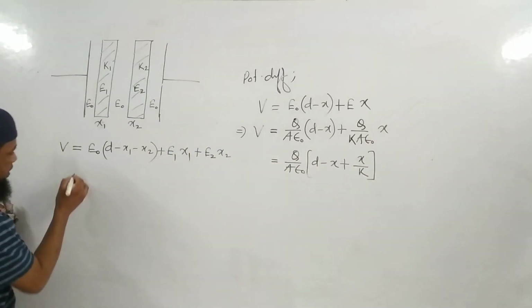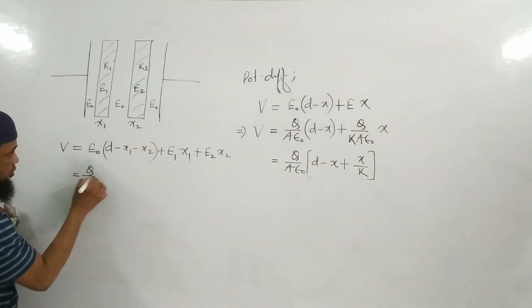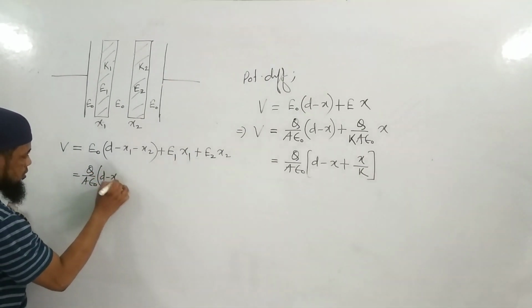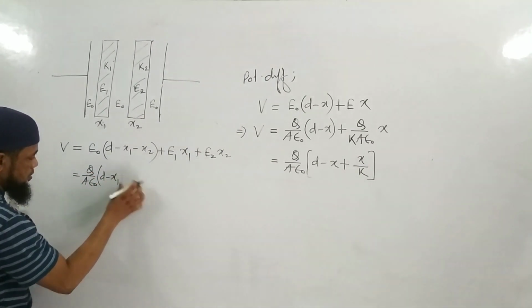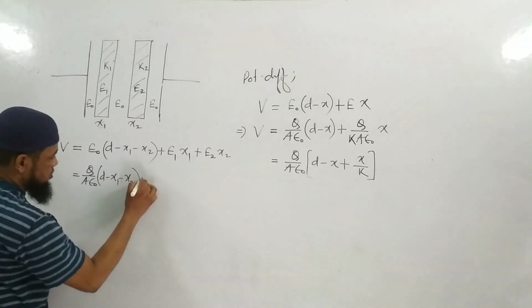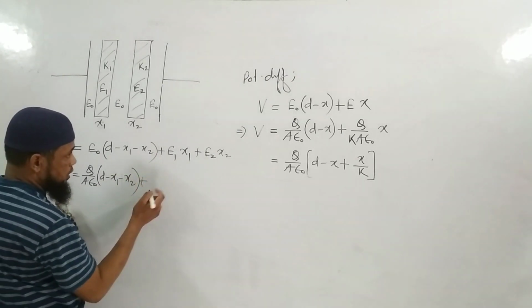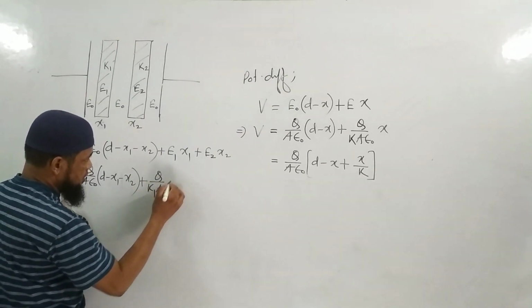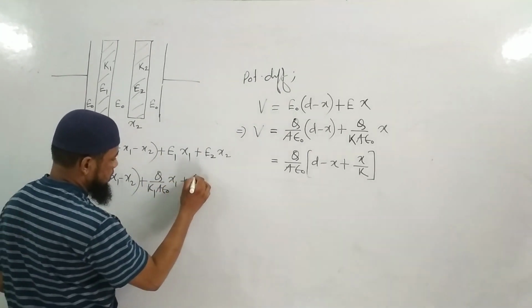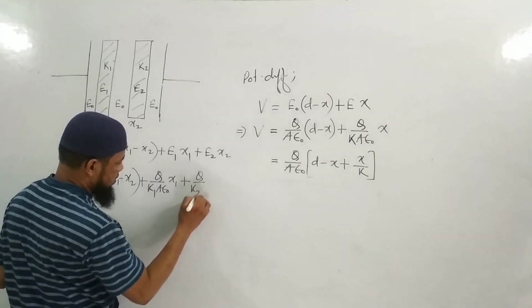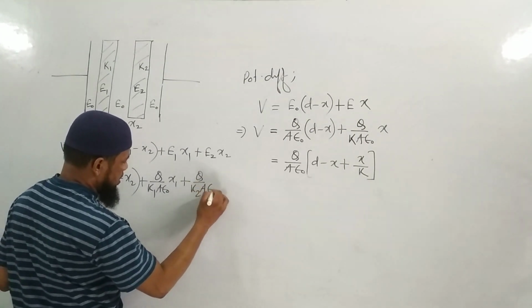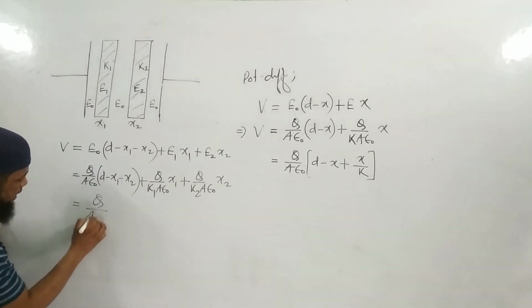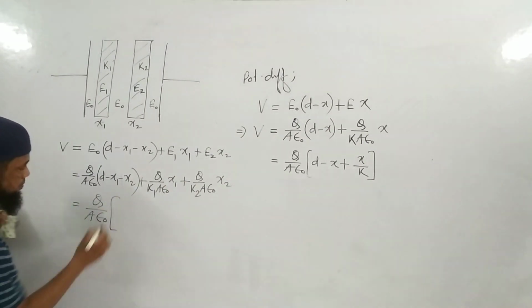So if you proceed from here, same thing, Q divided by A epsilon naught times D minus X1 minus X2, plus E1 is equal to Q divided by K1 A epsilon naught times X1, E2 is equal to Q divided by K2 A epsilon naught times X2. From here, if you take common Q by A epsilon naught, how much will come?